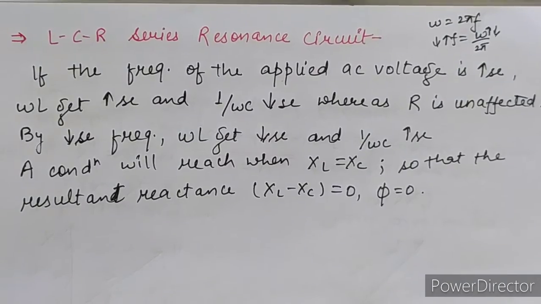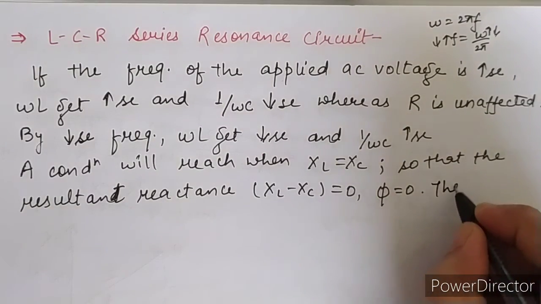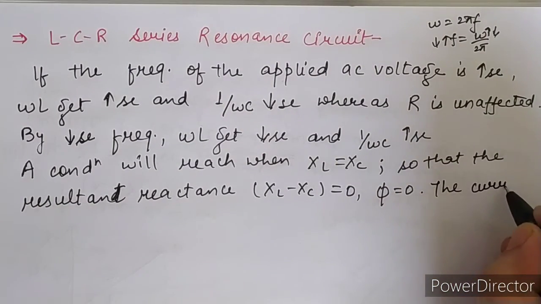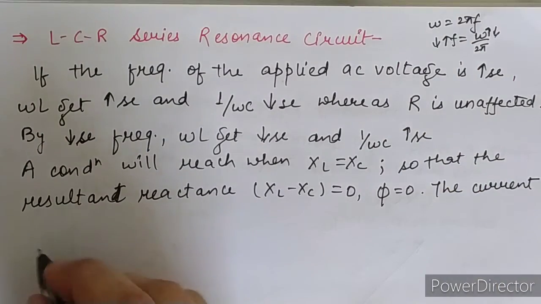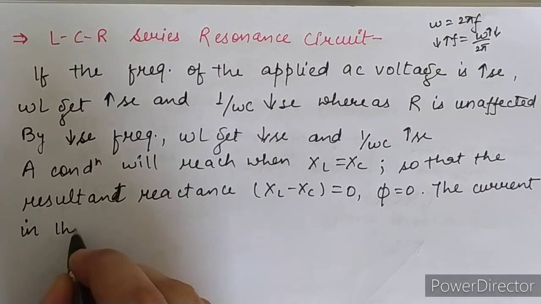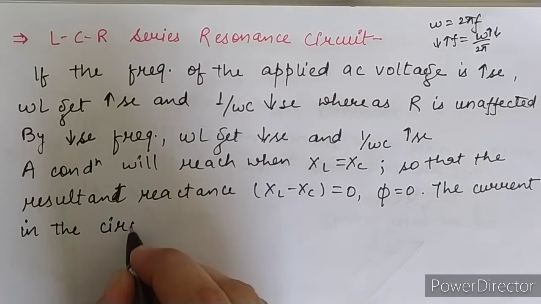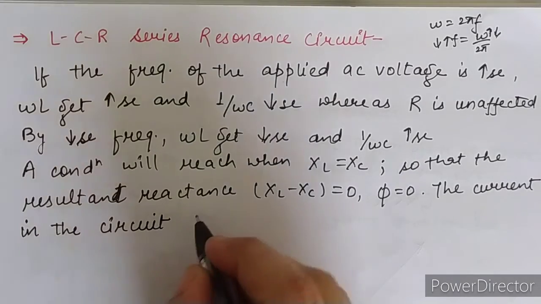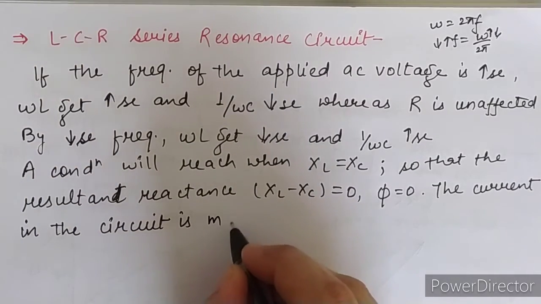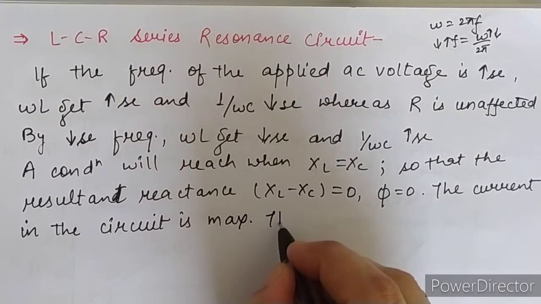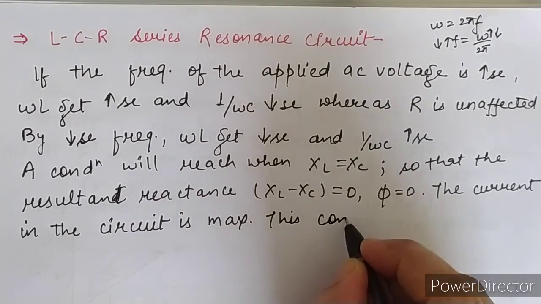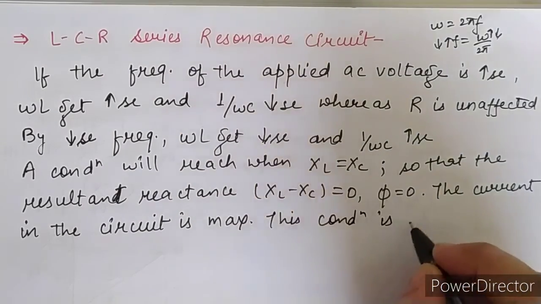In this way the current in the circuit is maximum. And this condition is called which one? Resonance.